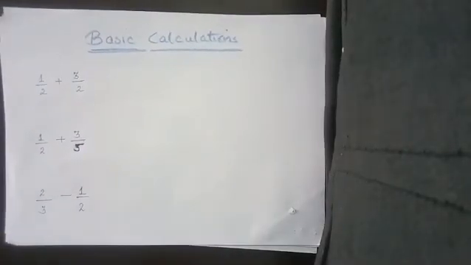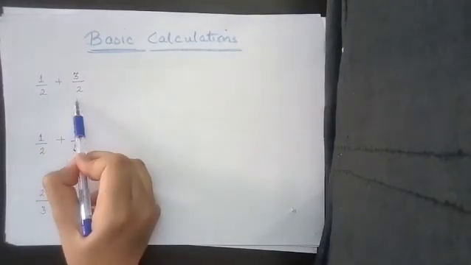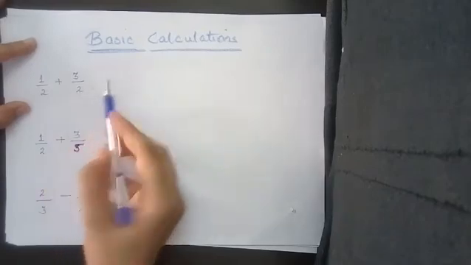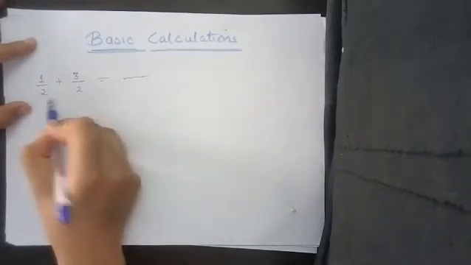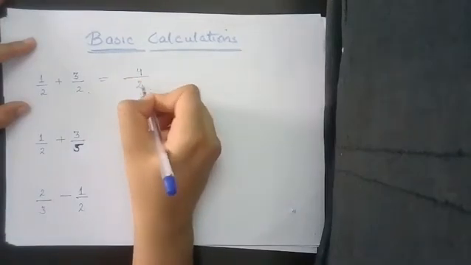Okay, then today I'll teach you some basic calculations in order to prepare you for the next question that we'll do tomorrow. For that you need to learn some basic calculations, right? So you all know how to add the numbers which have same denominators. You will simply add them, taking 2 and 3 plus 1 is 4.